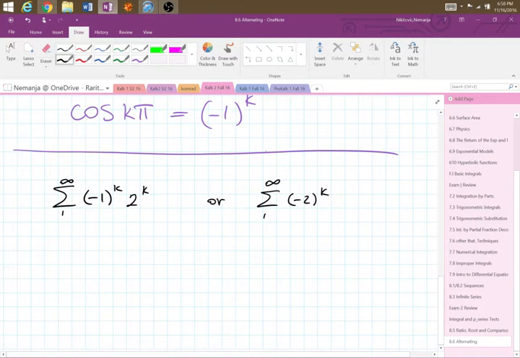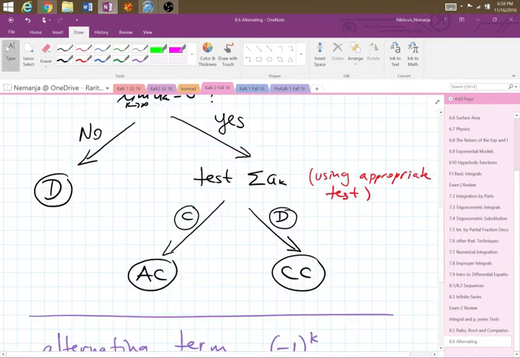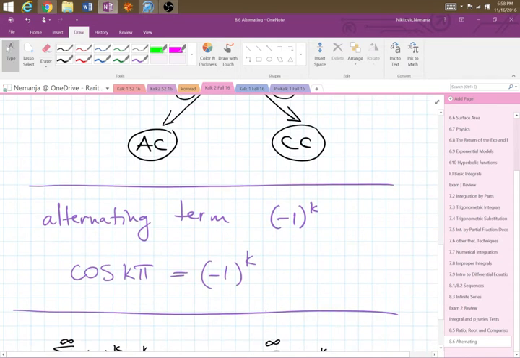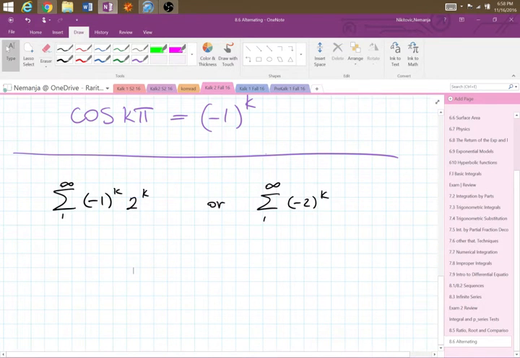Remember the procedure. Memorize this tree, draw it on your sheet somewhere, on a side, on a back, whatever. We isolate a_k, which is 2 to the k, and we show that it's decreasing. Nope. We show that the limit as k goes to infinity of 2 to the k is equal to 0.